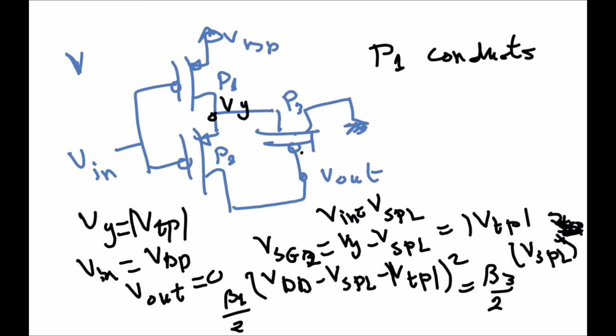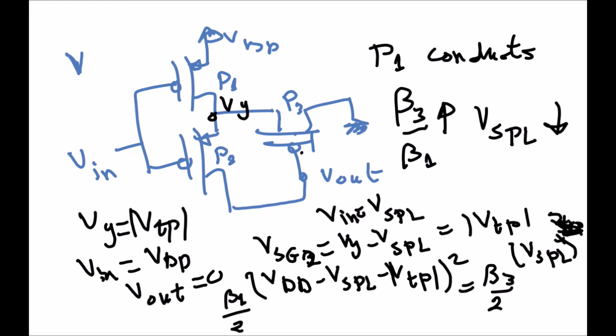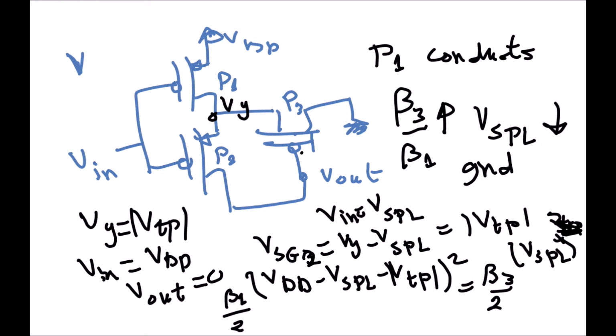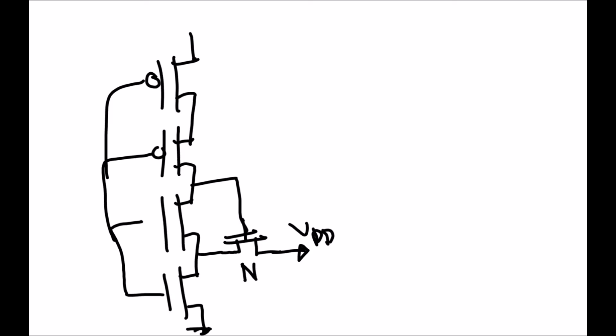So we can see a similar relationship, but in the opposite direction, which means as beta 3 over beta 1 increases, V switching point low decreases towards ground, or when the input is low, which means higher noise margin in the pull up network. Now let's take another look at what happens if we have different values for the switch transistor. Here we have N3, the switch, N1, N2.